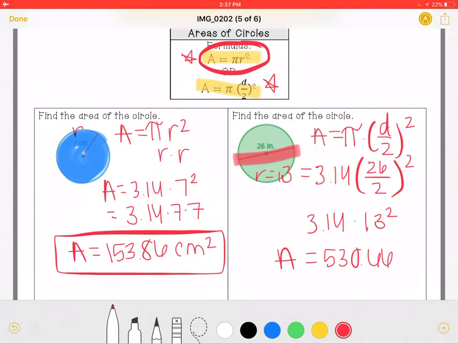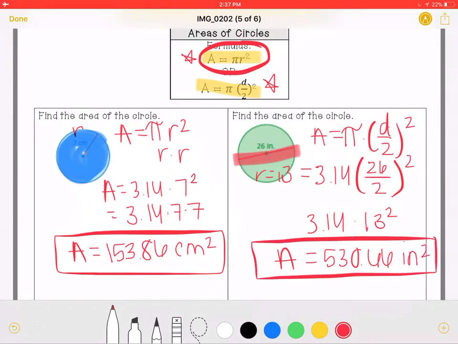I can't see them. Inches squared. That's our area. Remember, squaring means we're taking that number and multiplying it by itself. Don't do 13 times 2. You should have done 13 times 13.